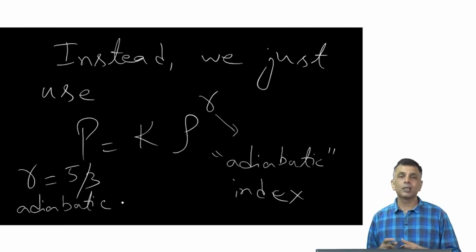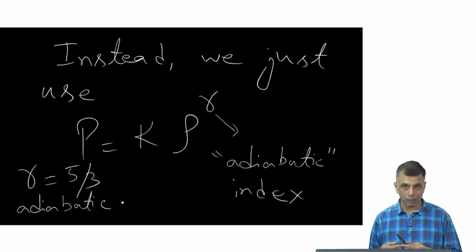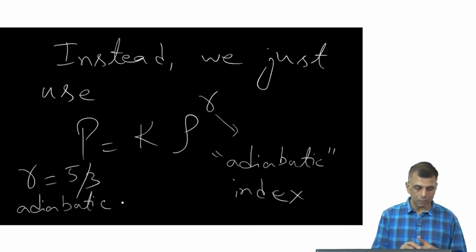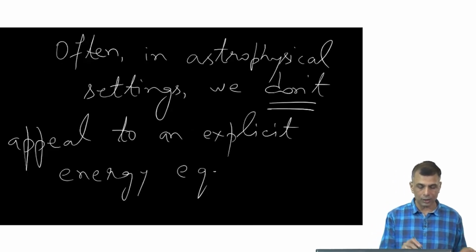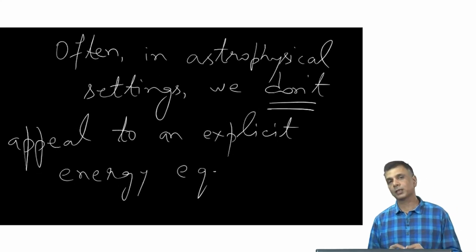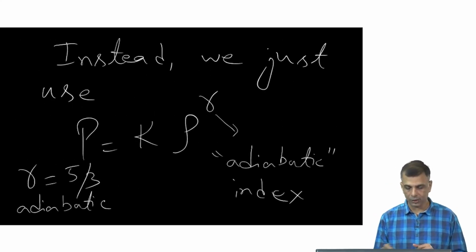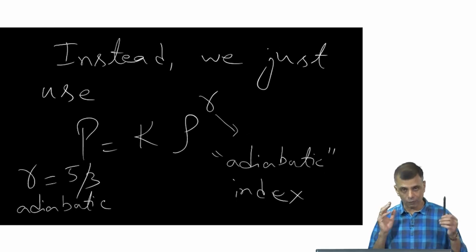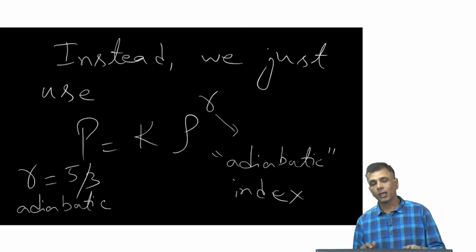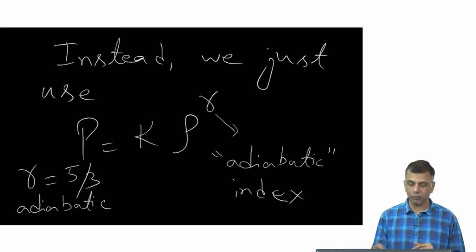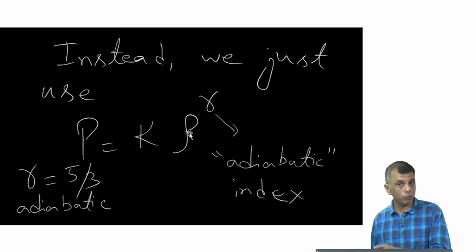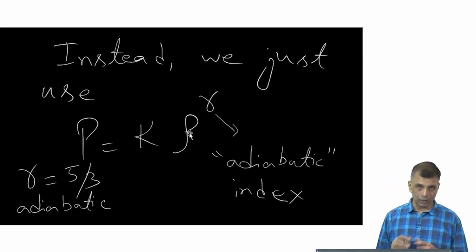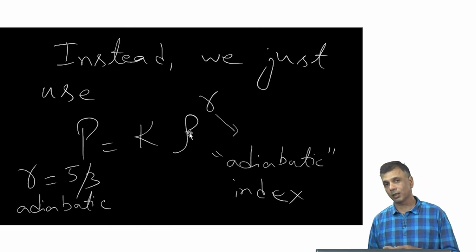And it's this gamma which tells you everything about the energy dissipation processes. So many times, in astrophysics, as I said, we don't really appeal to an explicit energy equation. Instead, we use something like this, and it's just the way people do things. It's cheap. You can call this a cheap energy equation instead of writing down an explicit energy equation. From a mathematical point of view, if you tie down these two variables like this, there's no scope to have one more equation, like an explicit energy equation. Otherwise, you would be over-determining things.